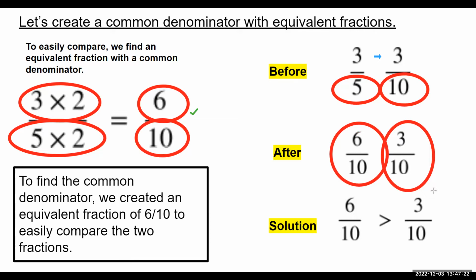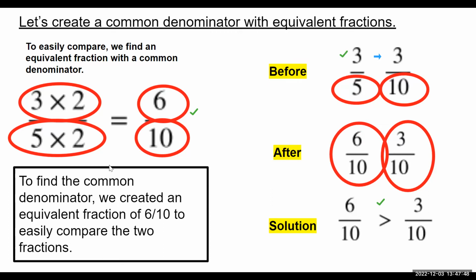Because our students have the prior knowledge, they know that 6 is greater than 3. So we revisit the problem and compare using our greater than, less than, or equal to symbol. For this particular problem, we found that 6/10 was in fact greater than 3/10. So that means that 3/5 is also greater than 3/10.